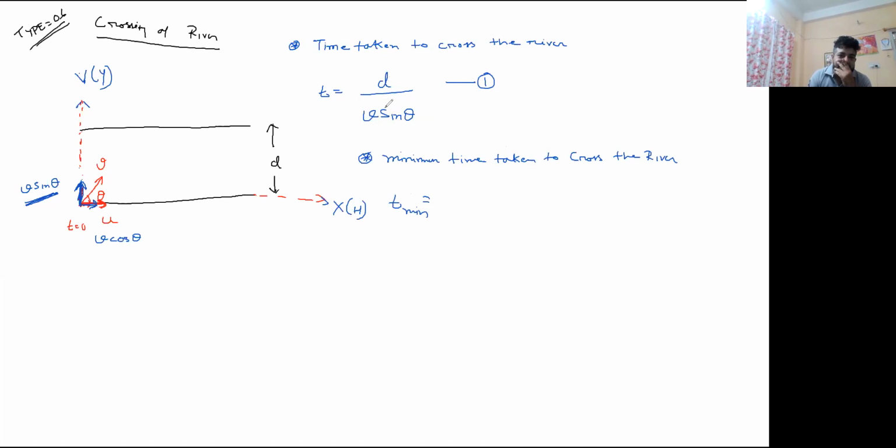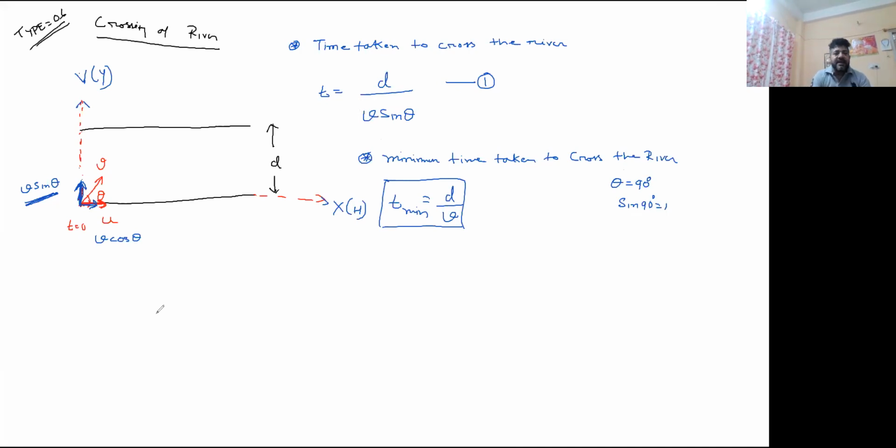So you only change the theta angle. When my theta is maximum, means sin theta is maximum, my T is minimum. So when my theta is 90 degree, sin 90, the maximum value is 1. Then my T is minimum. So my T minimum is D by V. You understand that part? Is it okay? Yes, sir.